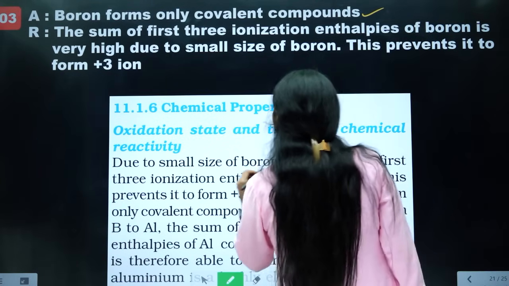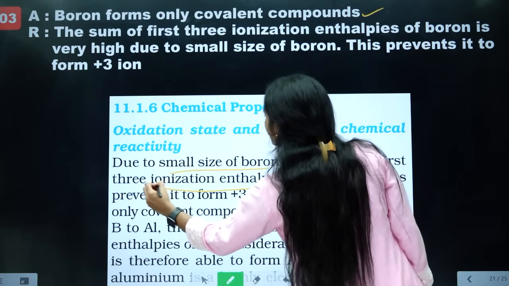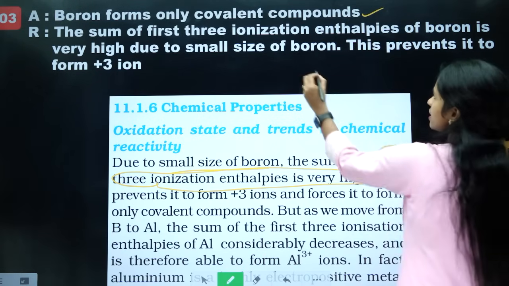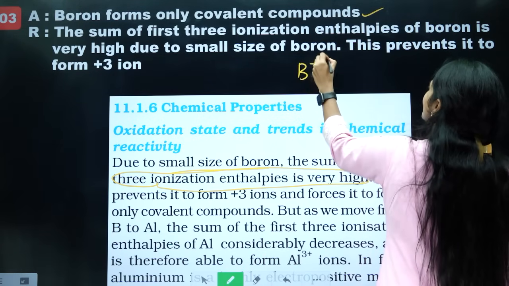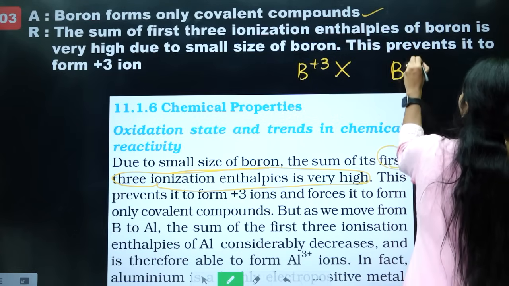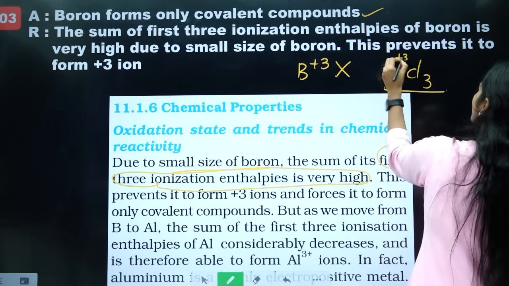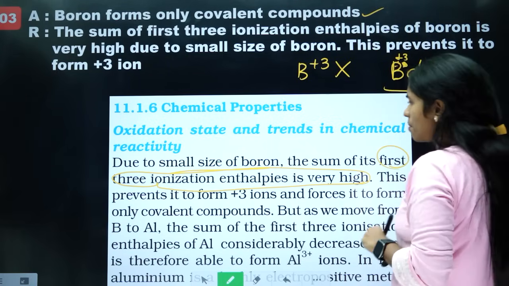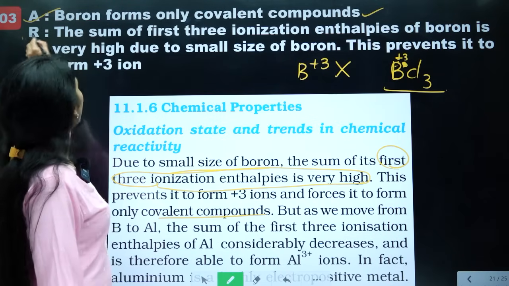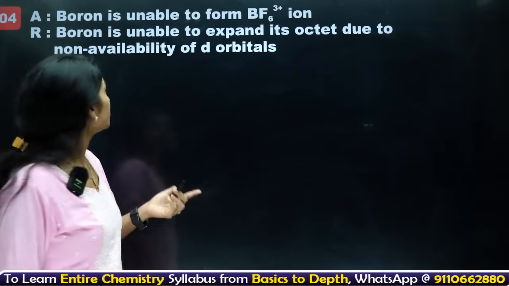Due to this reason, the B3 plus ion does not like to exist. So what will it form? It exists in covalent compounds, with plus 3 oxidation state. But this is which compound? Tell me. This is a covalent compound. It forms only covalent compounds. So assertion and reason are both correct, and it is a correct explanation.